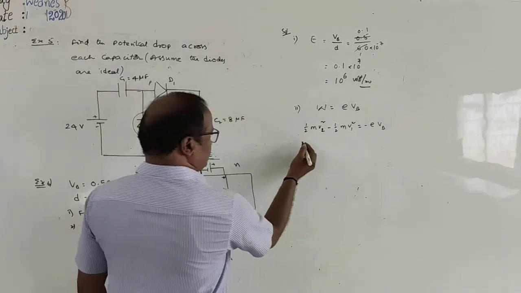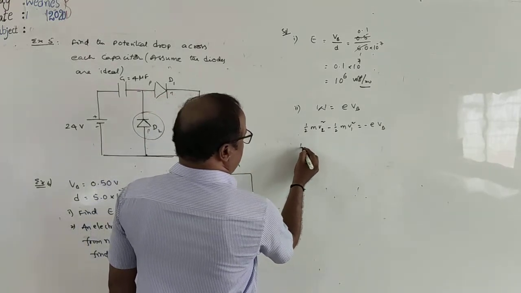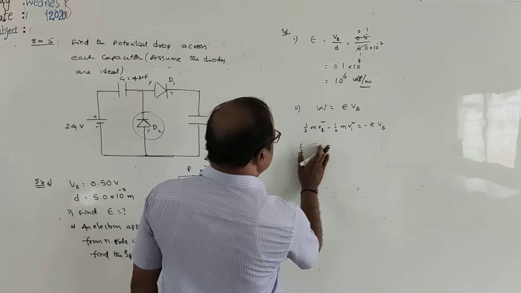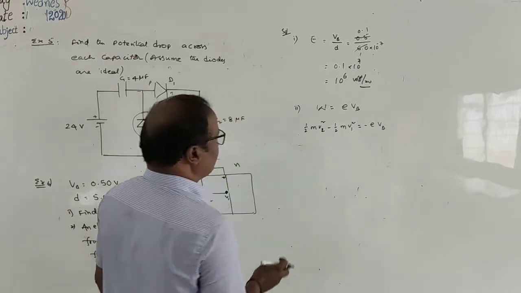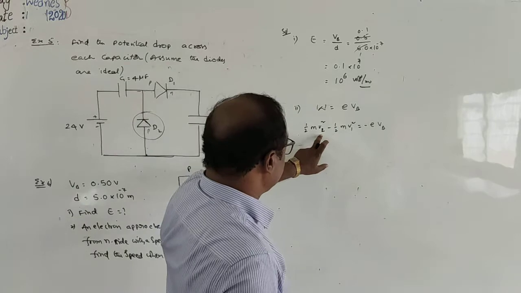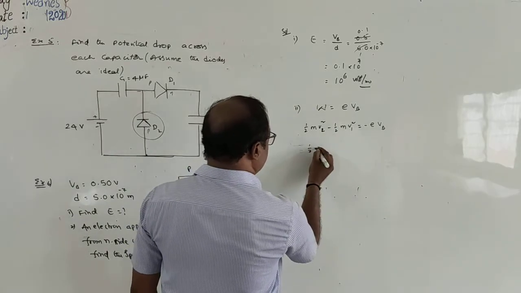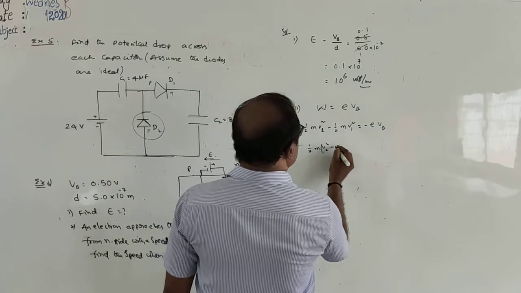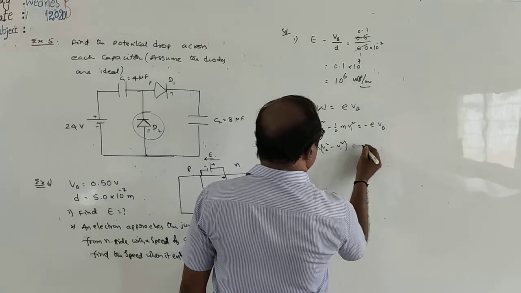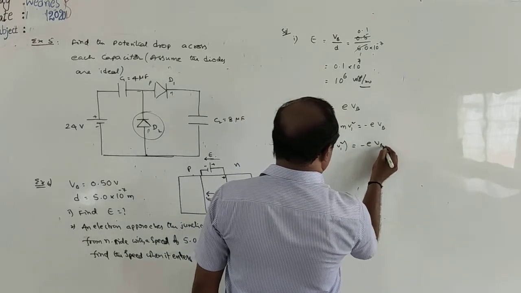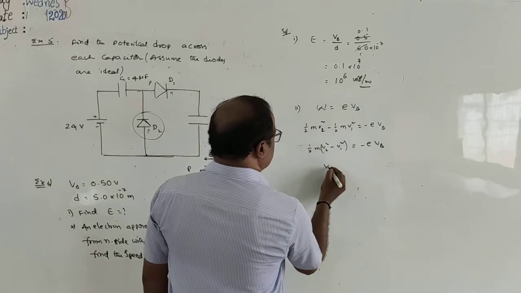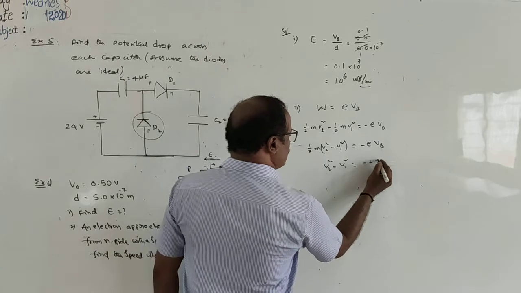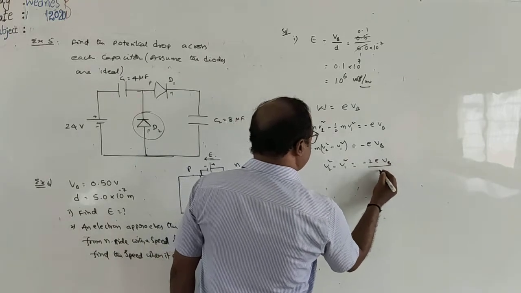Let this be half m into... we'll find the value of which one? v2. Therefore half m into v2 square minus v1 square is equal to minus E into Vb, or v2 square minus v1 square is equal to minus 2EVb by m.